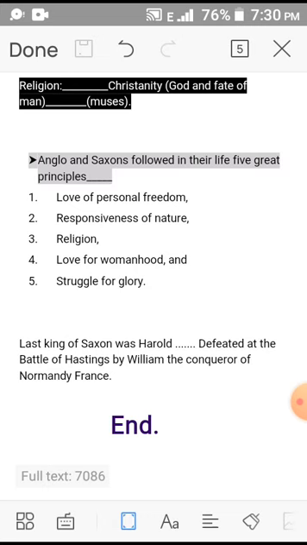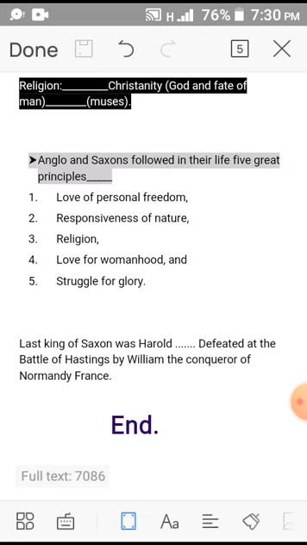The last Saxon king was Harold, defeated at the Battle of Hastings by William I, the conqueror, of Normandy, France. Hence, there is the end of the Anglo-Saxon period.